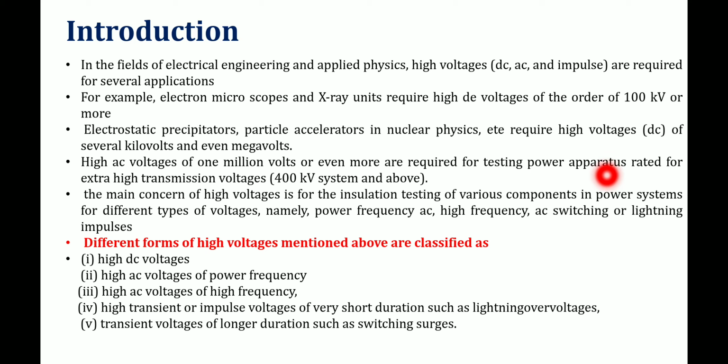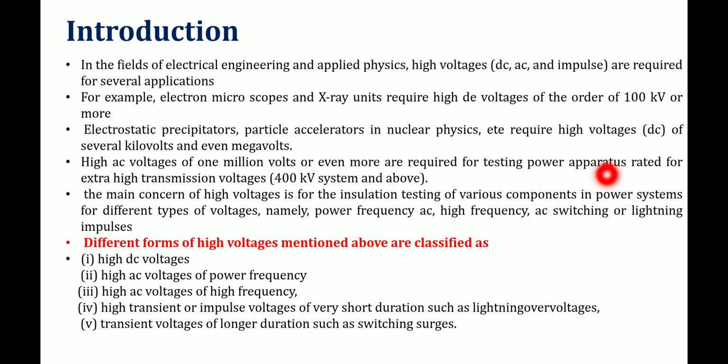Power apparatus means equipment such as surge diverters, short circuit testing of switchgear, or the testing of various power system equipment like transformers, circuit breakers, surge arresters.